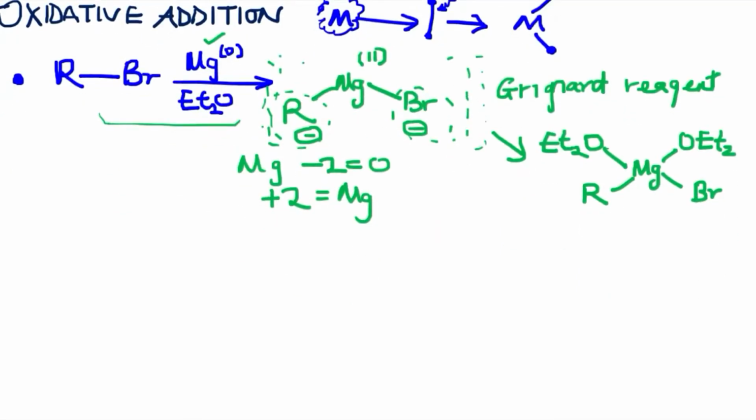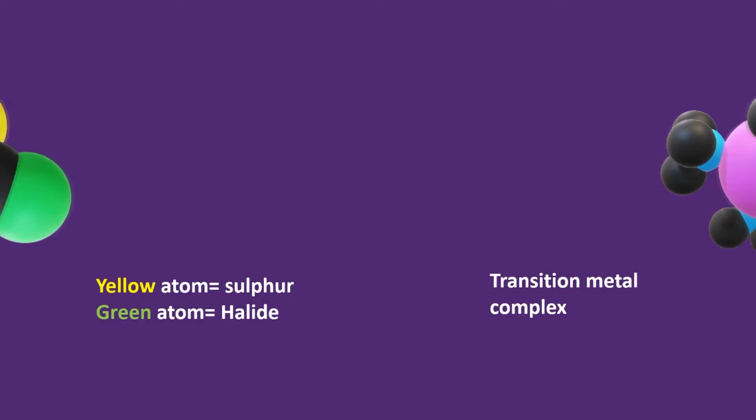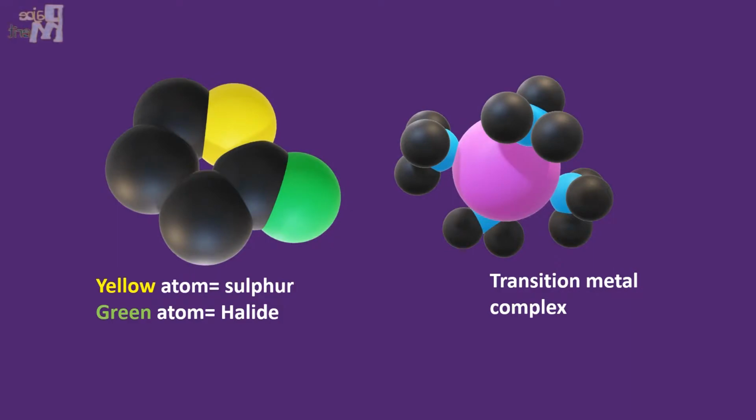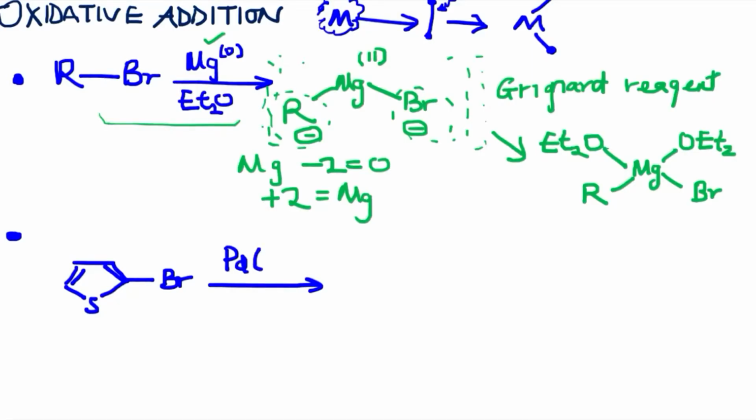Another one we're going to look at is a specific reagent attached to a bromide, which is going to react with a palladium catalyst that we talked about in our previous videos. This is going to interact with triphenylphosphine, I would say four of them in here.